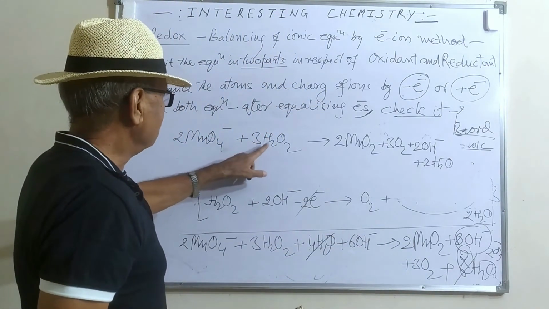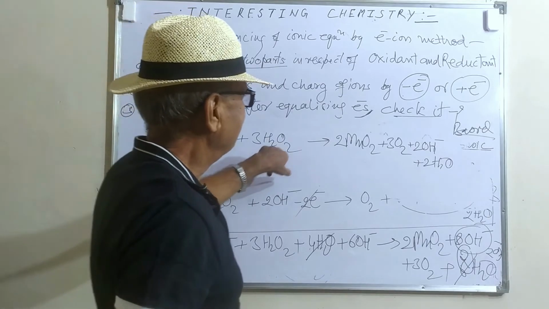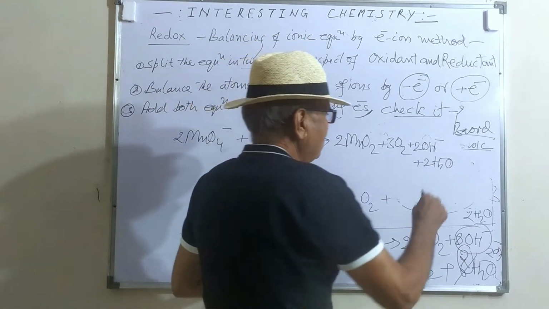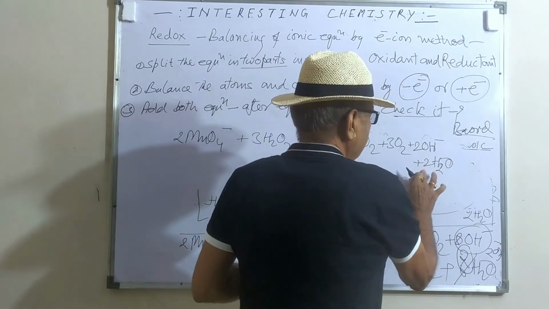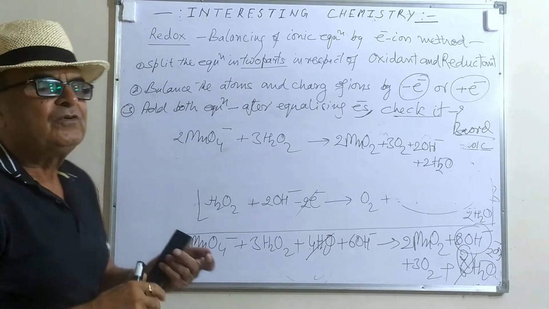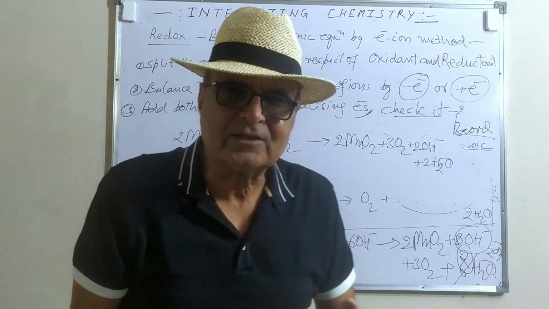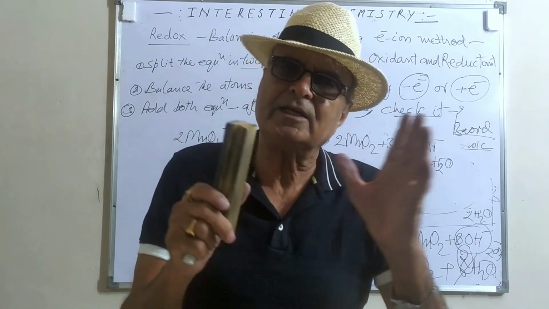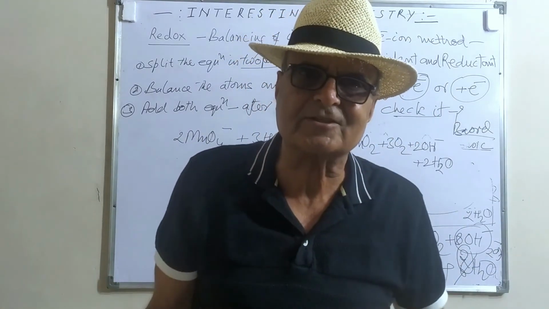Hydrogen: 3 into 2, 6 hydrogen, and 2 into 2, 4 hydrogen plus 2, 6 hydrogen. So hydrogen, oxygen, all are balanced. We have checked that the atoms of the reactants and the products are equal.